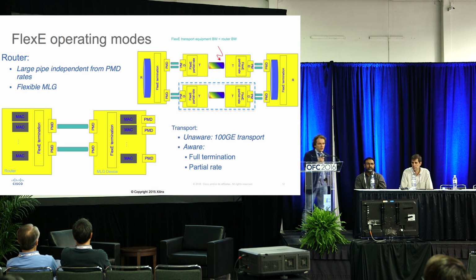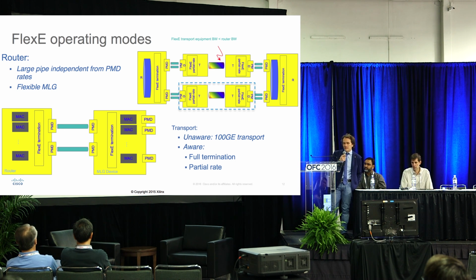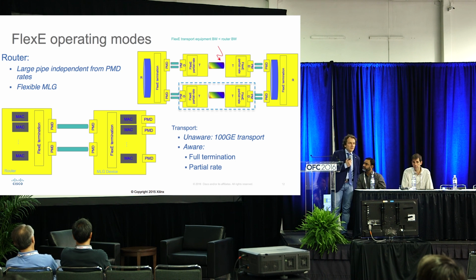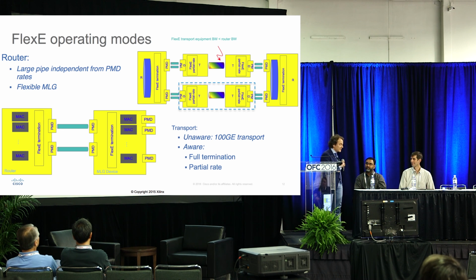The full termination, where the transport is capable of understanding the full FlexE rate and fully terminating it, or the partial rate. That is exactly what I was describing below, and shown in the picture on the bottom, that I'm capable of using the third generation router with a second generation FlexE transport box. Let's put it this way. I think that this is all I wanted to say.